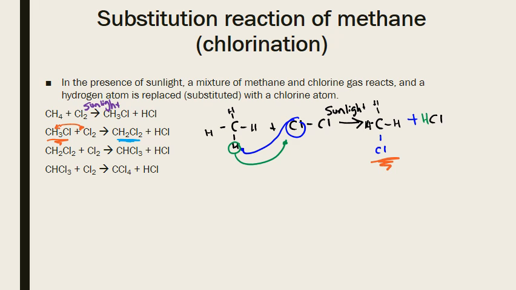This Cl from here is then substituted with one of the H's here to give us CHCl3 plus HCl, and again we use the product in the second to last reaction, and we add more chlorine to it to give us CCl4 plus HCl.